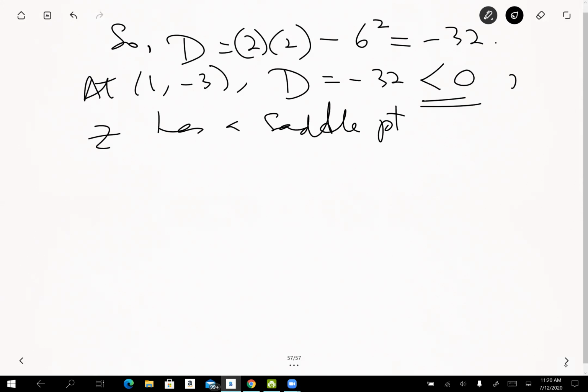So don't worry about the saddle point, we just stop there. A saddle point is not a maximum and it's not a minimum. What you're interested in is, of course, getting a maximum or minimum. Good. Any question?